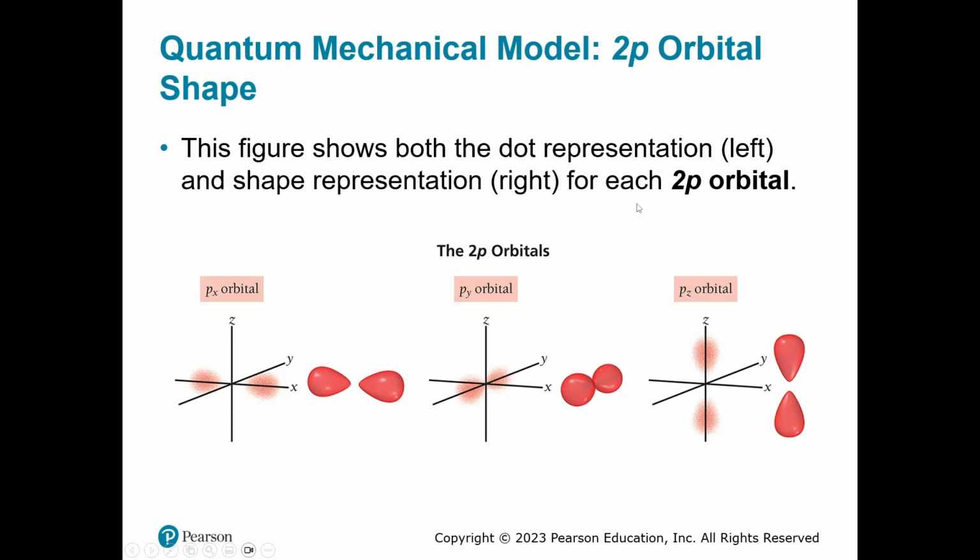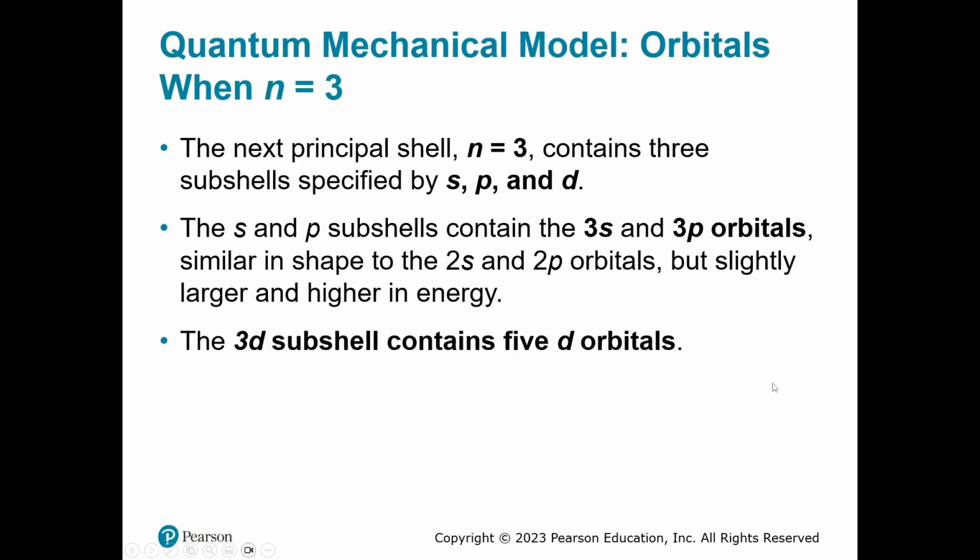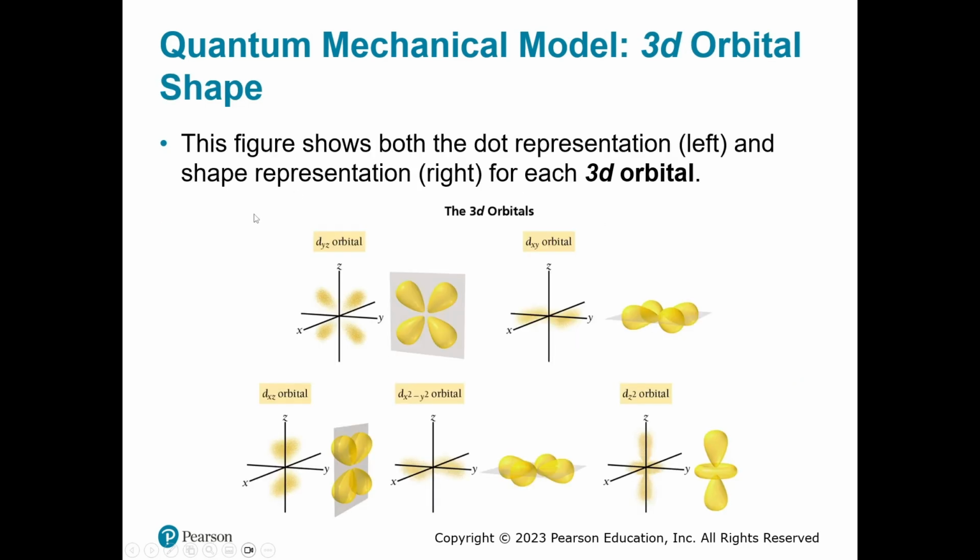We can put 2 electrons in the 2s orbital, 2 electrons in the px orbital, 2 in the py orbital, and 2 more in the pz orbital. That would be 8 electrons total. If you then consider the next 5 orbitals of the d orbitals, that's 10 more electrons that we can fit into the fourth row of the periodic table.